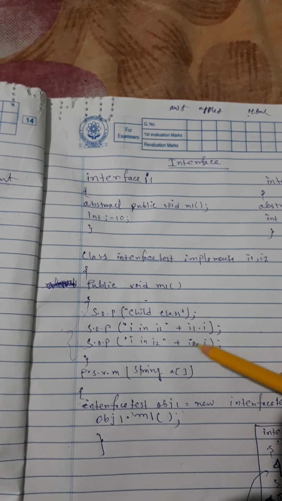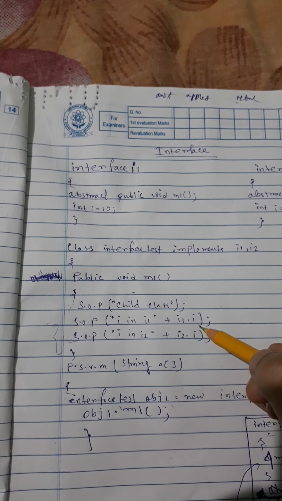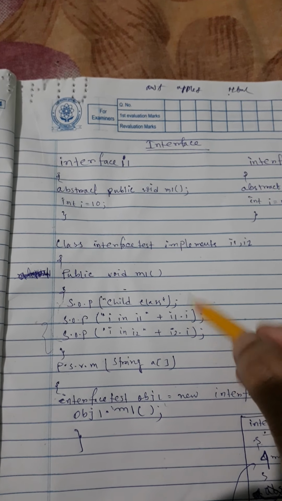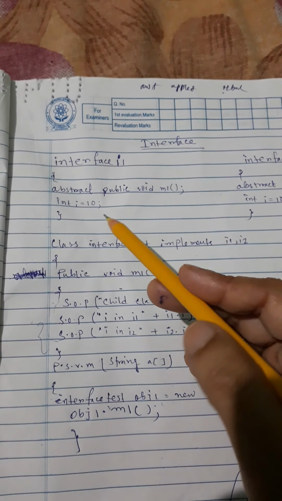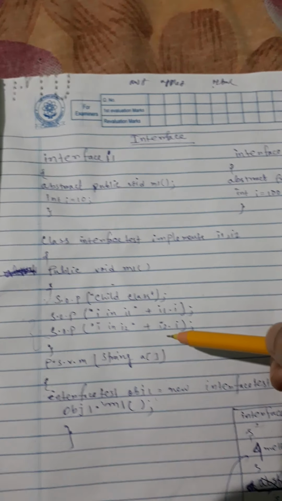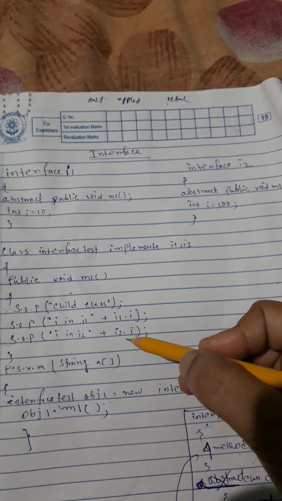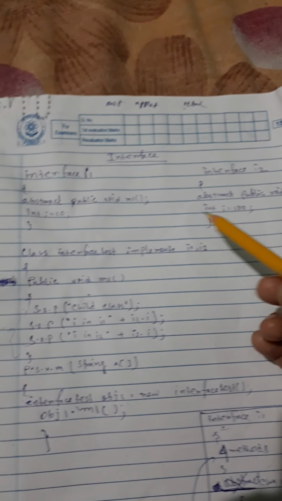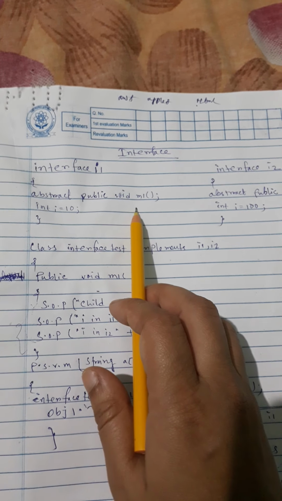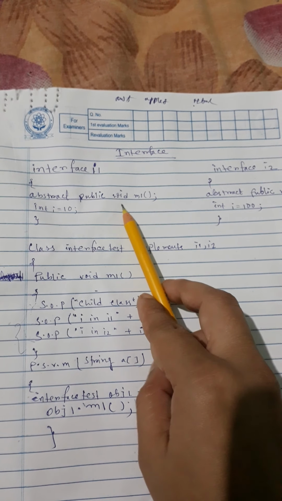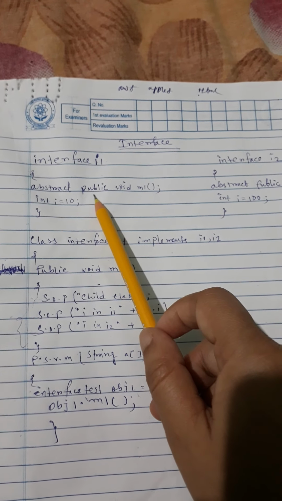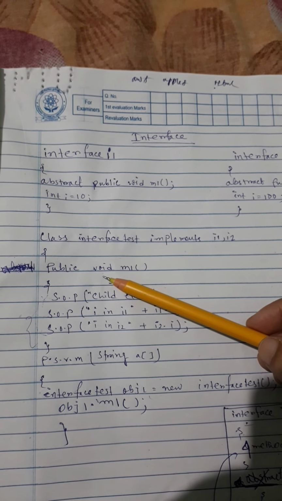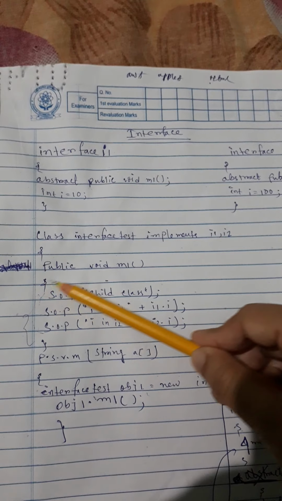One is Child class, then i1.i, i2.i, meaning the variable of interface I1 is 10, and the variable of interface I2 is 100. You can see there is no definition of this method in the interfaces, but it is overridden by this child class.